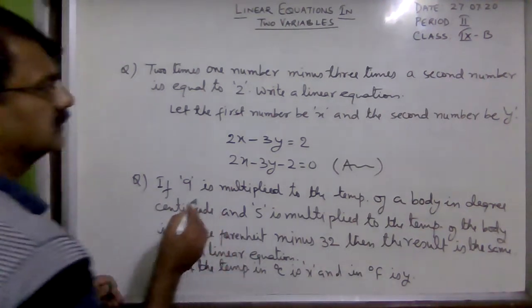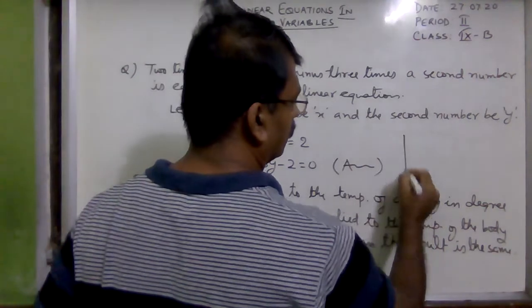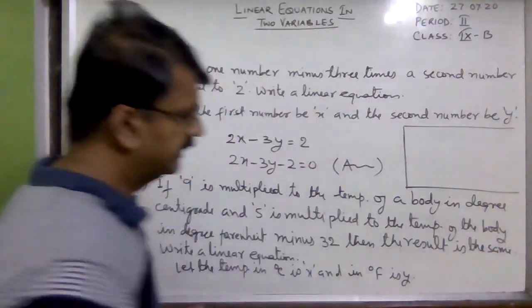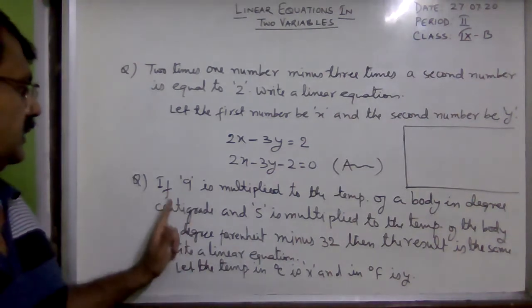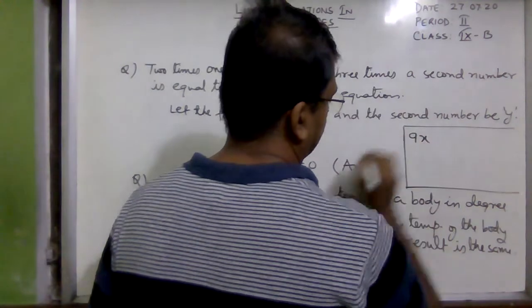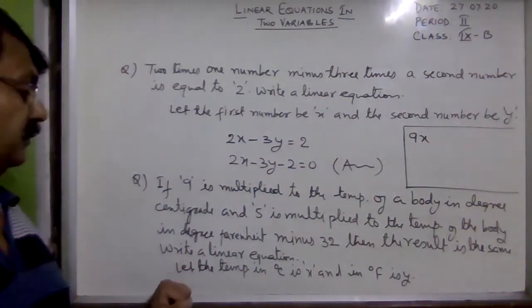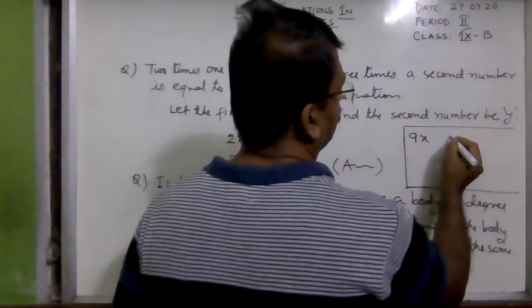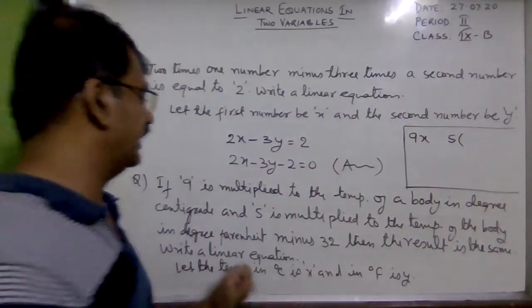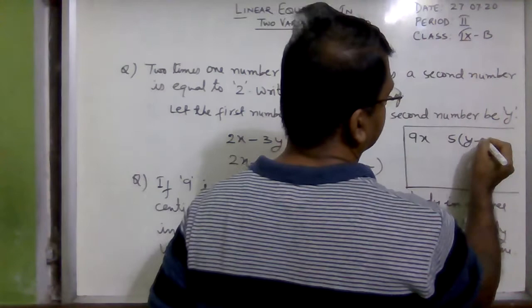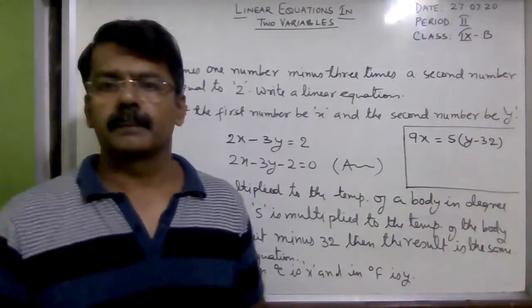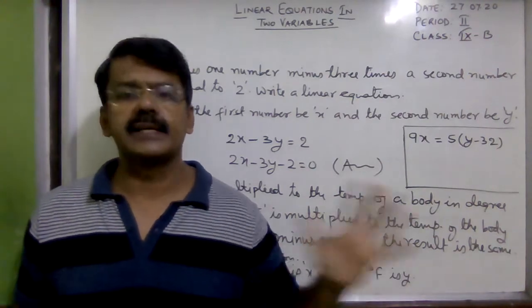Now you see, they were saying 9 is multiplied to the temperature in degree Celsius, so 9x, and 5 is multiplied to the temperature in degree Fahrenheit minus 32, so y minus 32, and the result is the same. You just have to do whatever is written in the question.